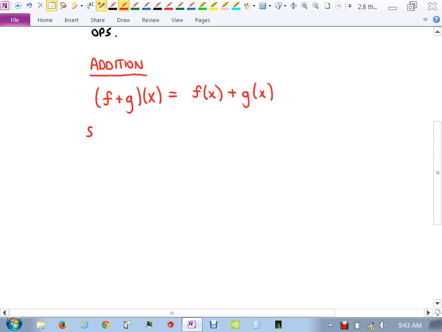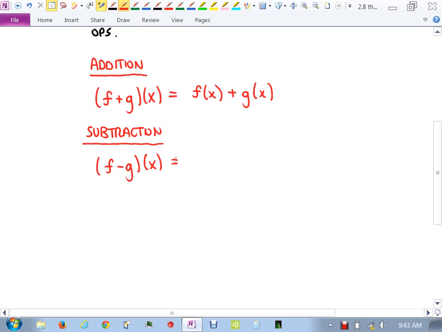And then subtraction. What do you think is different? Instead of f plus g, I'll write f minus g. Now, we have to be a little careful with subtraction because addition is what we call commutative. If I ask you to add two numbers, like 3 plus 4, it doesn't matter if you do 3 plus 4 or 4 plus 3.